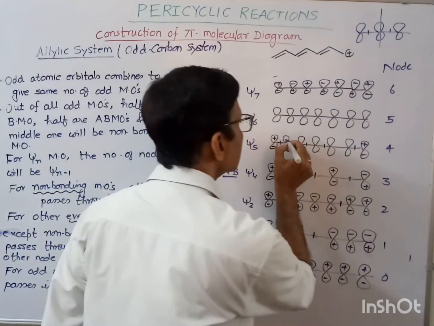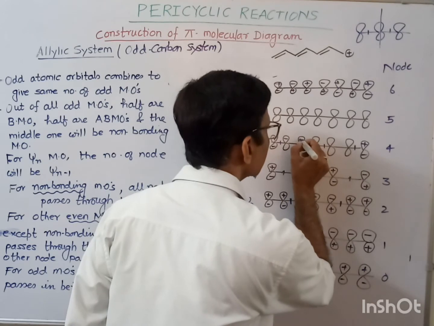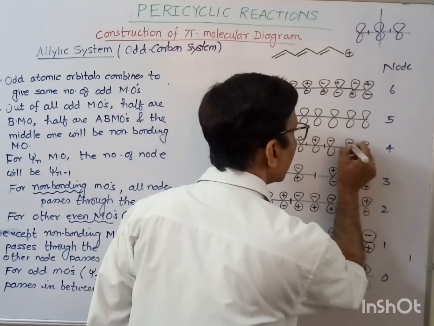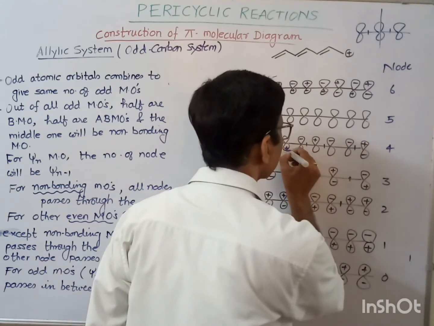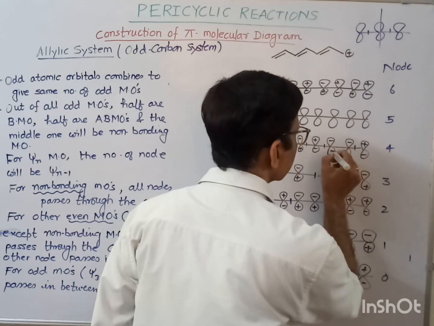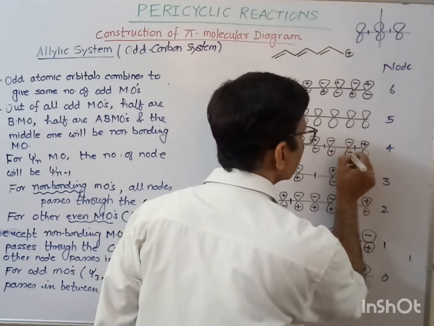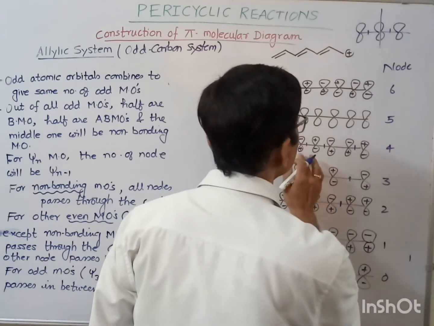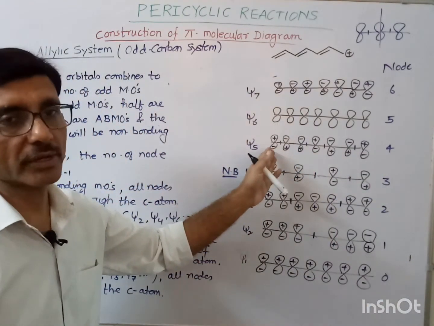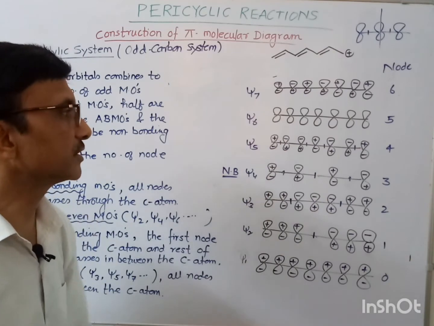If you see, this is giving the symmetrical distribution. This is minus, this would be plus, this would be minus, and this is minus, like this. And if you put the nodes at other places, then you will not get the symmetrical distribution. This is the only thing that you can see.